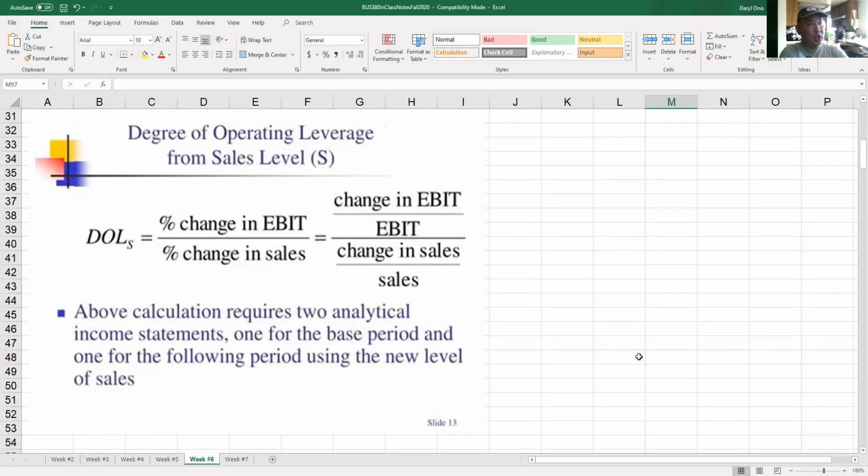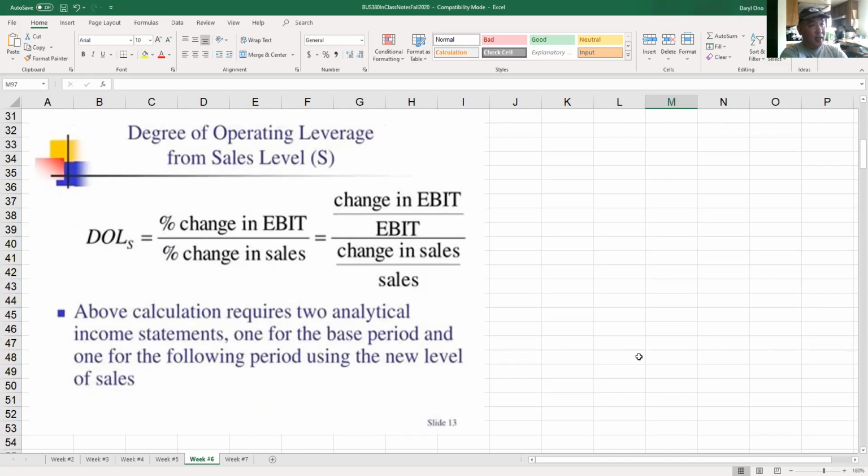So you can see there, we're going to go over a lot of formulas. To calculate your degree of operating leverage, that's going to be your percentage change in earnings before interest and taxes divided by the percentage change in sales.